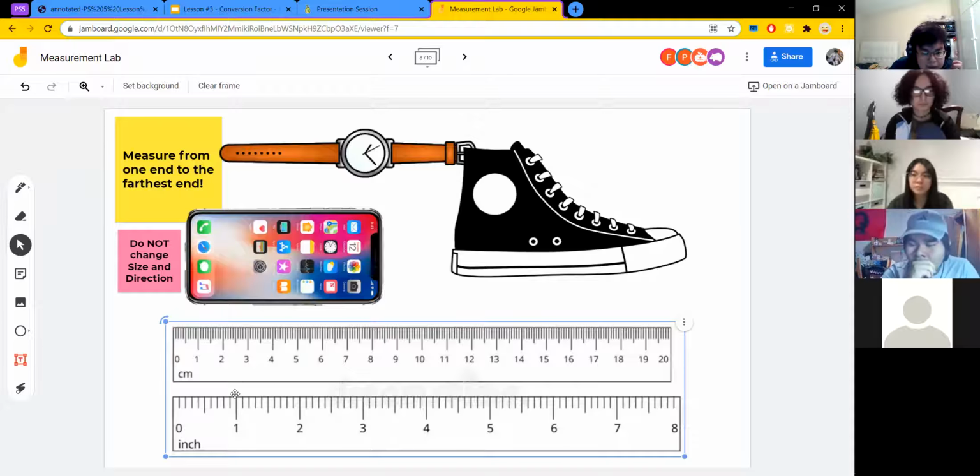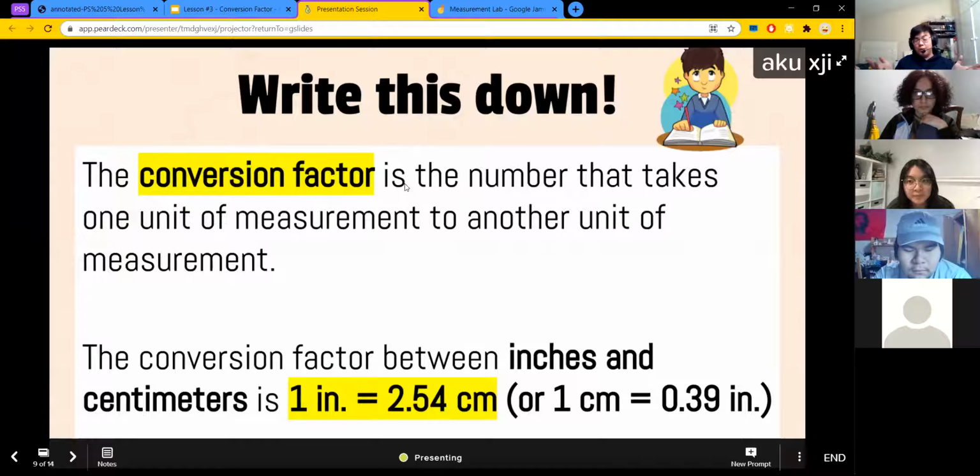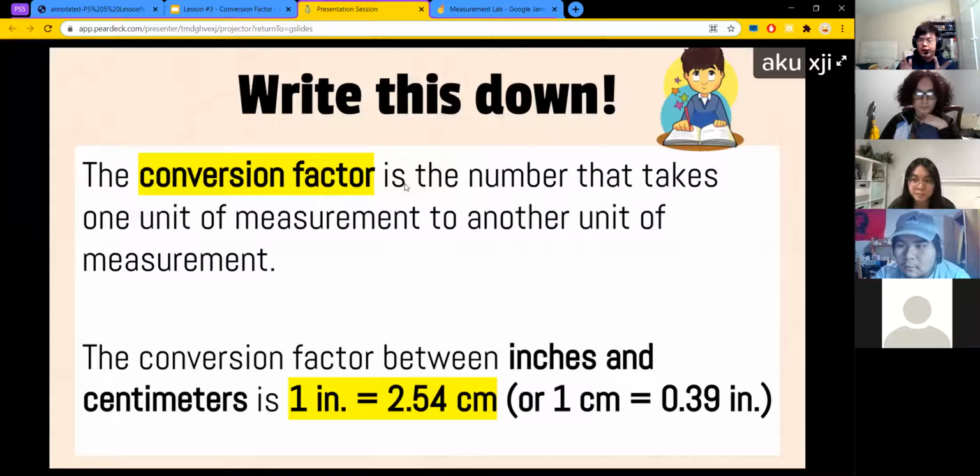It's about 2.5. 1 inch is about 2.54 centimeters, so that matches what we said. And 1 centimeter, if you go down here, is about 0.4 inches. So now we know that the conversion factor is something that takes a number in one unit of measurement and turns it into another.